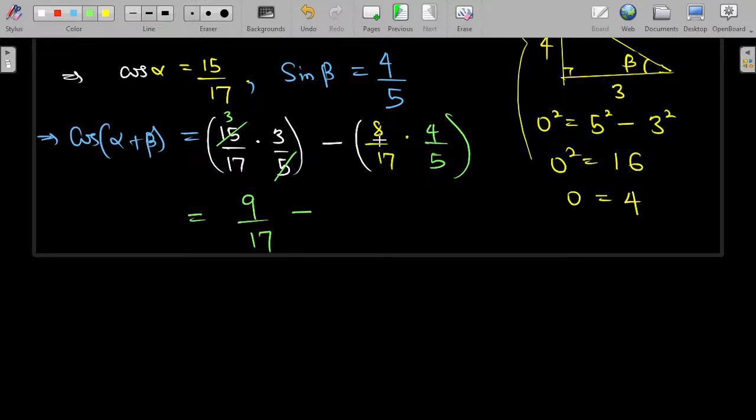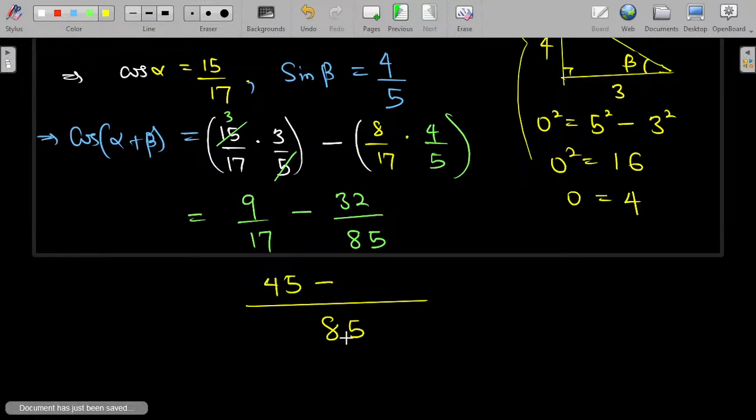So we just have 8 times 4 is 32 all over 17 times 5 is 85. If I am correct, yes, 85. Alright, so to simplify this, finally we take the LCM, which is 85. 17 into 85 is 5. 5 times 9 is 45.